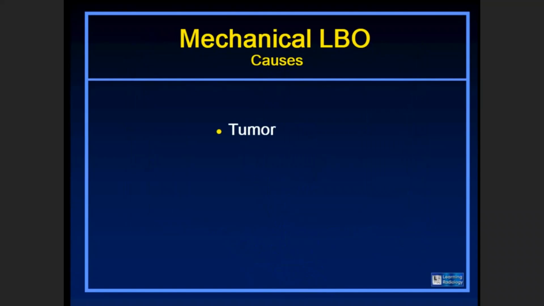Mechanical large bowel obstruction can be due to different causes, like tumors, like colon cancer or rectal cancer, for example, volvulus, as mentioned previously, sigmoid volvulus or cecal volvulus, hernia, inguinal hernia, epigastric hernia, or any type of hernia.